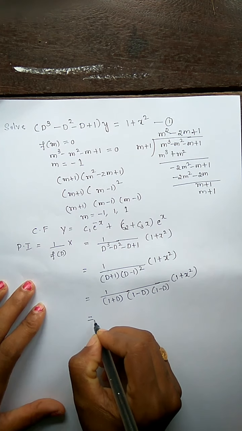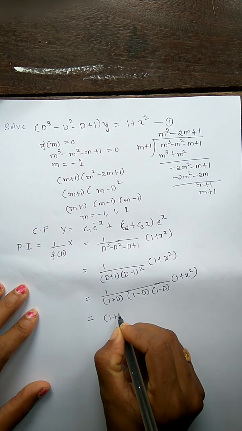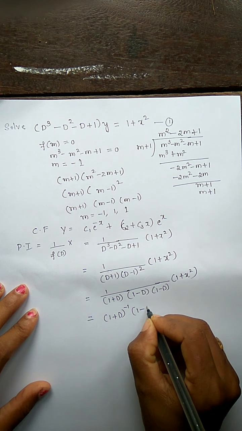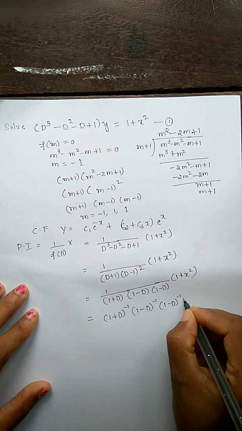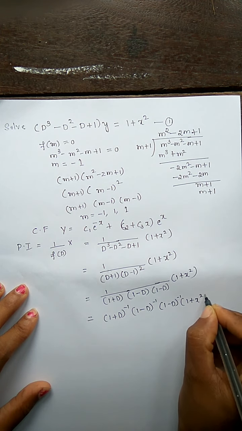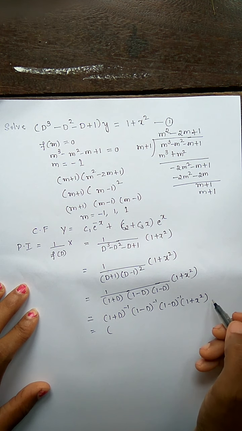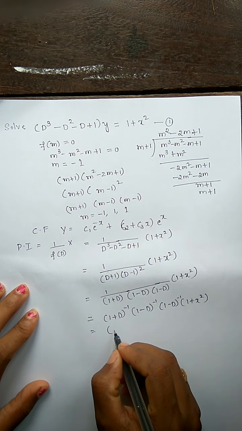Further simplifying, I can bring this to the numerator: (1 minus D) power minus 1, (1 plus D) power minus 1, (1 minus D) power minus 1, (1 minus D) power minus 1 into 1 plus x square. Now for 1 plus x square, the third derivative will be 0, so I will expand only till the second derivative.